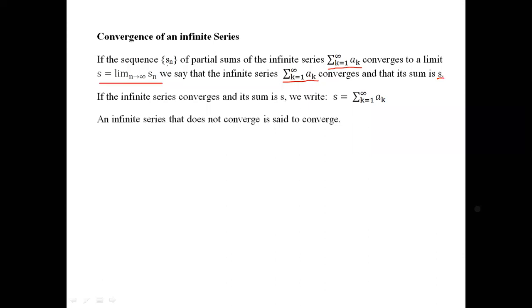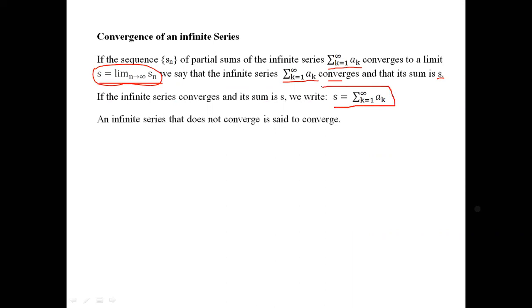So if the sequence Sn of partial sums of the infinite series, which we already mentioned, converges to this limit, then we say that the infinite series converges and its sum is S. Straightforward statement. If the infinite series converges and its sum is S, we write it as this.